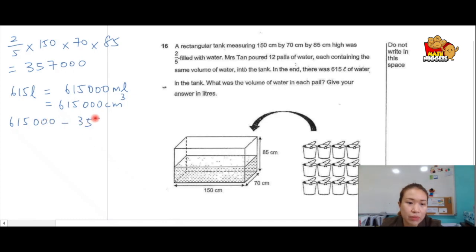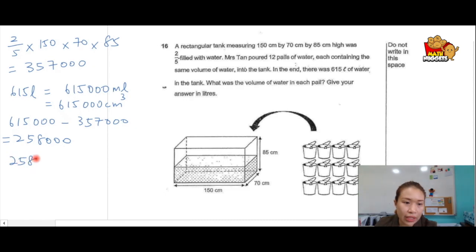So how much water was being poured into the tank? 615,000 minus the amount of water at first, 357,000, gives us 258,000 cubic centimeters of water that was poured into the tank, which is the 12 pails of water. So what's the volume of water in each pail?